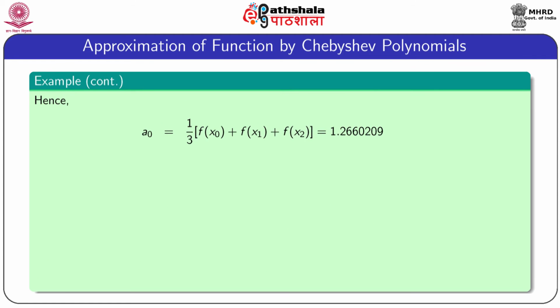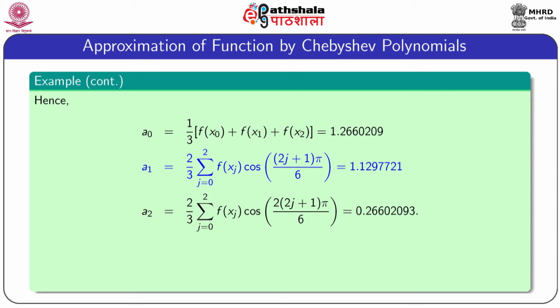Therefore, a0 equal to 1/3 of f of x0 plus f of x1 plus f of x2, which is equal to 1.2660209. After substituting the values of f of x0, f of x1 and f of x2, a1 is equal to 1.1297721 and a2 equal to 0.2660293.